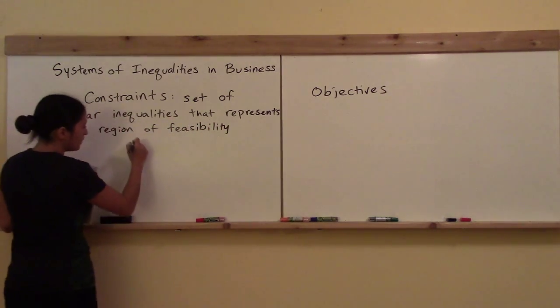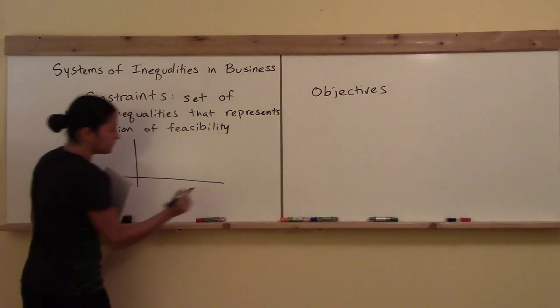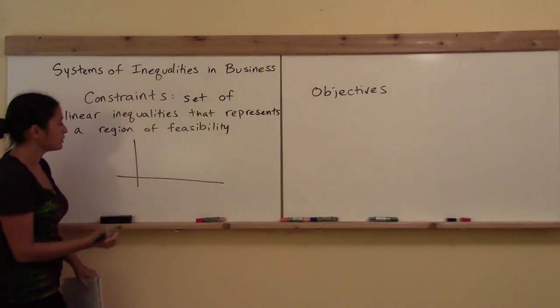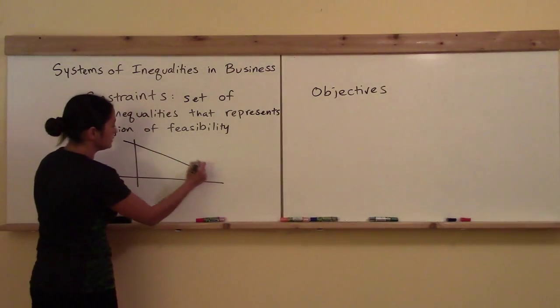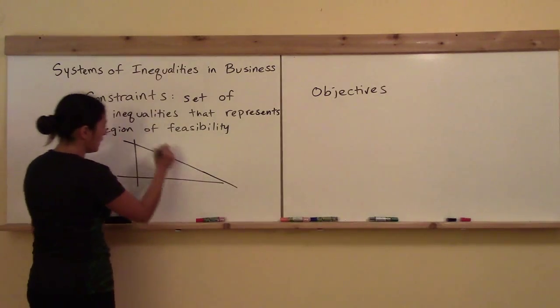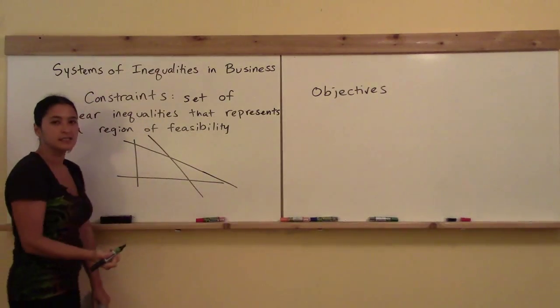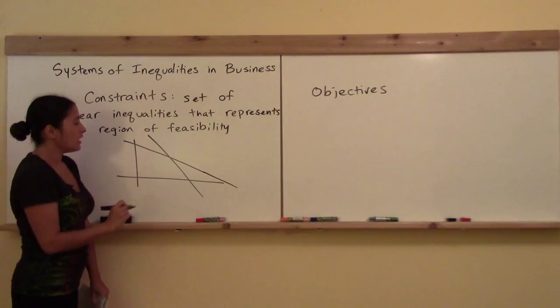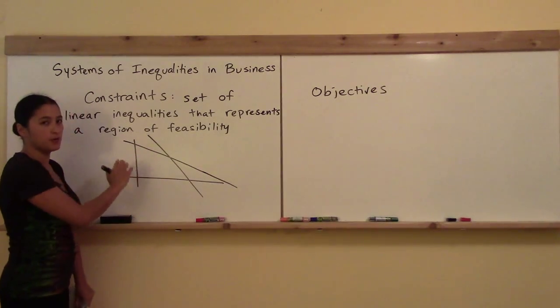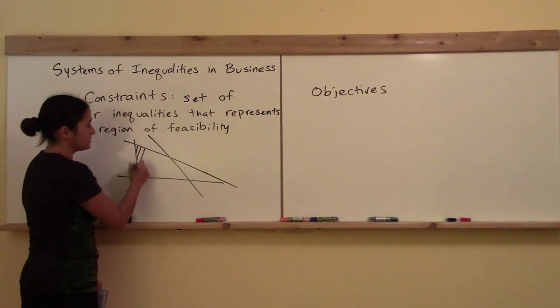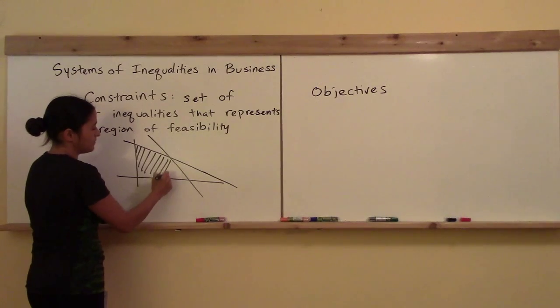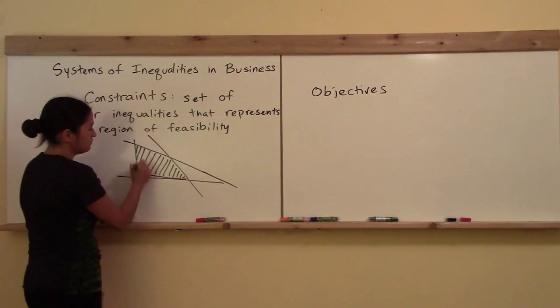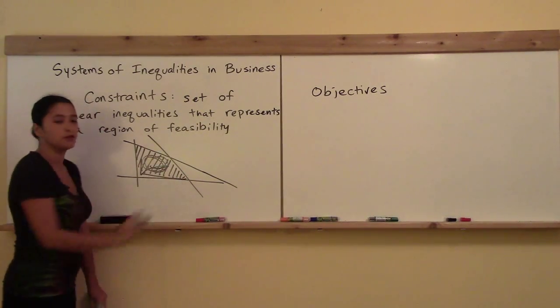Okay? So I won't give you a concrete example because that would take too long, but go back to the other video to see some examples of, for instance, when we had two lines like this interacting in the plane, and let's say that in this case both of the inequalities were of the less than type, so that we had this shaded region defined by a set of inequalities.